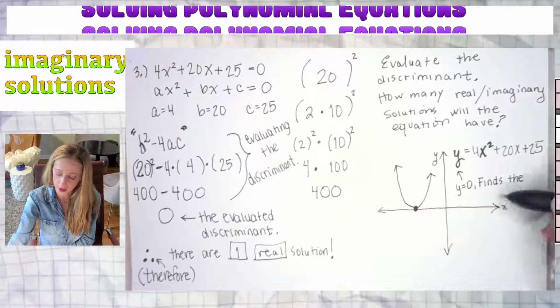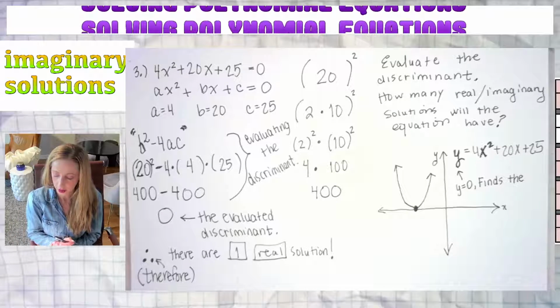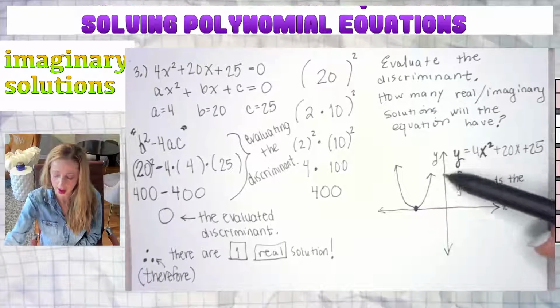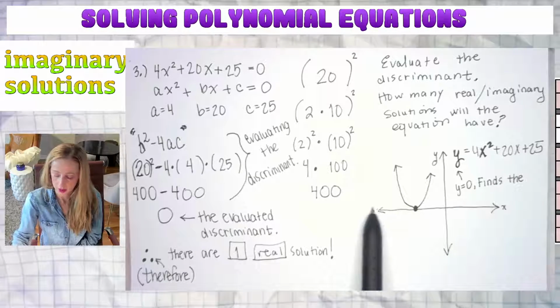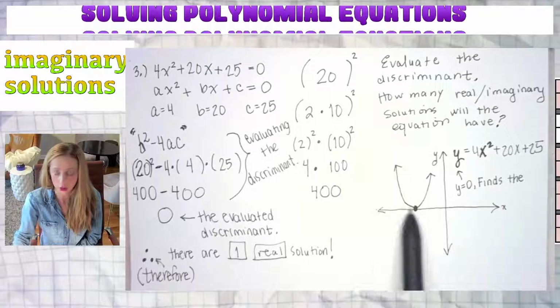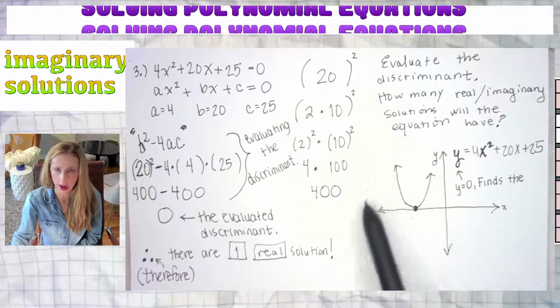If you plug in 0 for y, you find the blanks of the graph. Here's the y-axis. Y equals 0 here. So if you set y equal to 0, you find the blank of your graph.